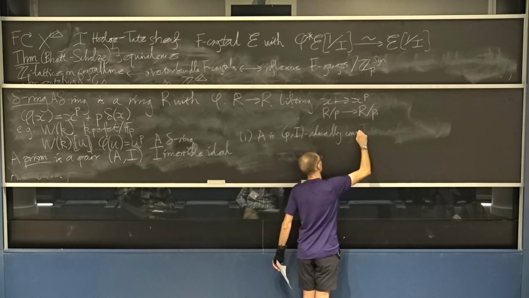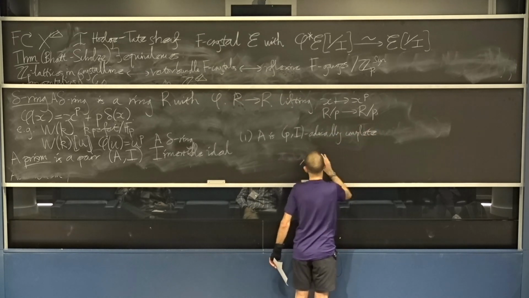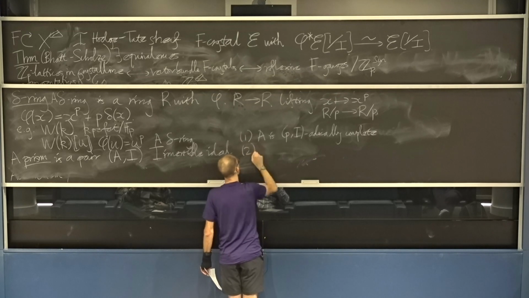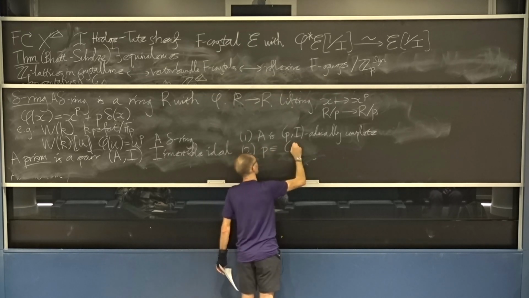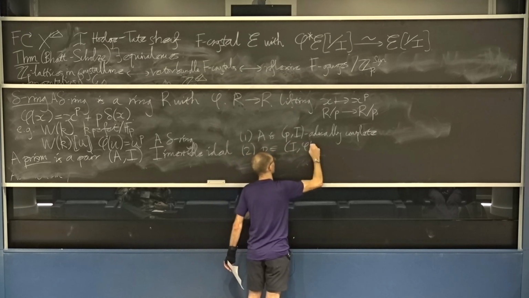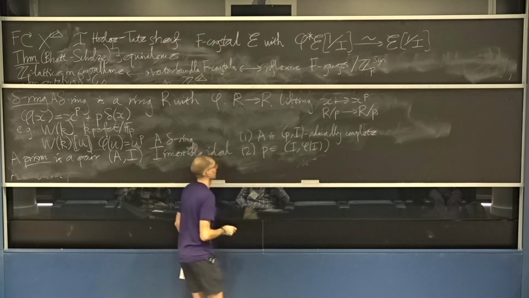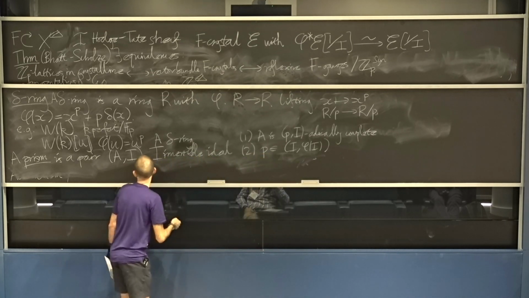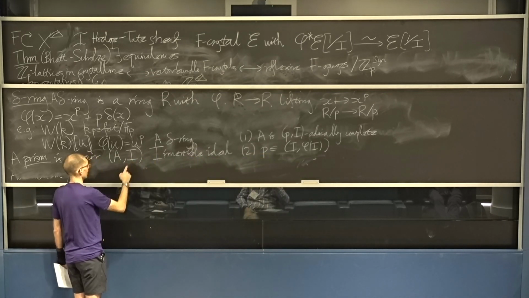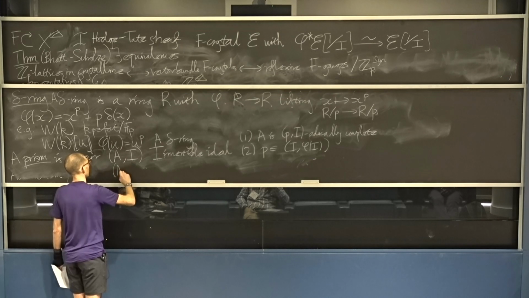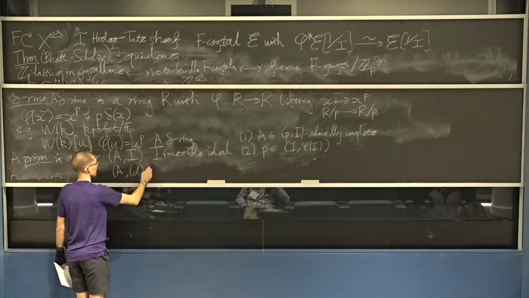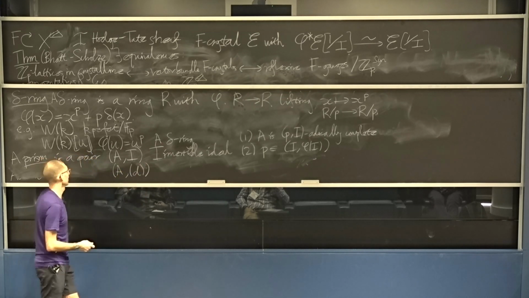And two, you want P to be in the ideal generated by I and phi of I. That's maybe a slightly strange-looking thing, but I'll always assume that this ideal is actually literally principal, which you can arrange Zariski locally.